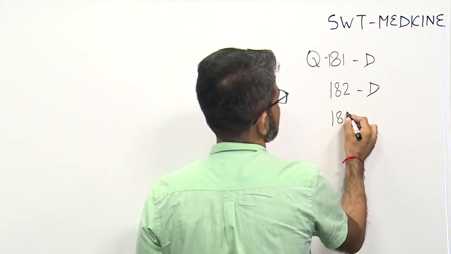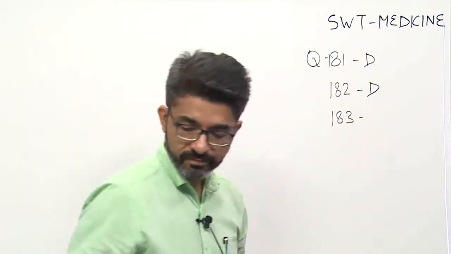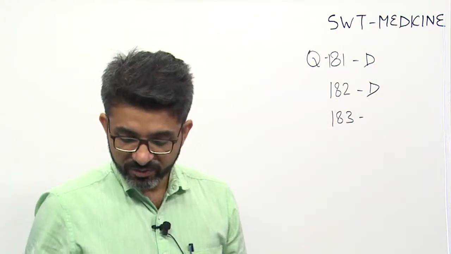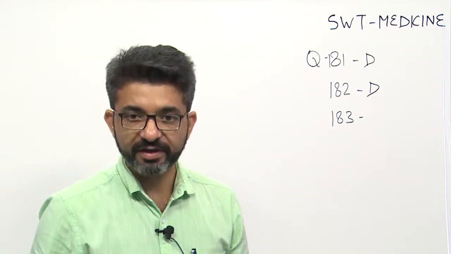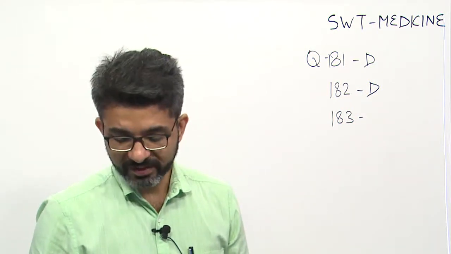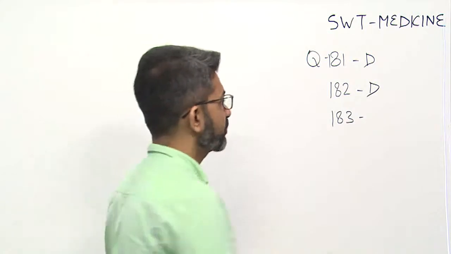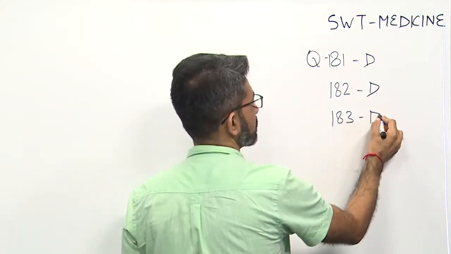Question number 183. Brain tumor is associated with all except, obviously the answer is Sturge-Weber syndrome. What is Sturge-Weber syndrome?